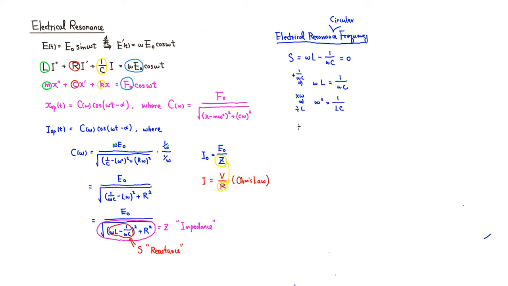Then we can just take the square root of both sides, so omega is equal to 1 over square root of LC. This is called the electrical resonance circular frequency because at this frequency, the amplitude of the steady periodic solution is the largest, when the reactance is equal to 0. All right, that's it. I hope that this was clear.